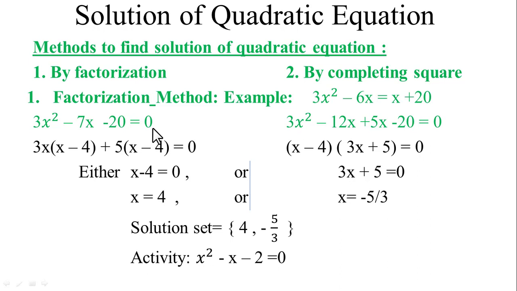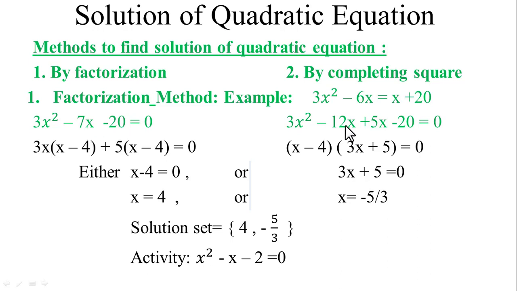Now we can factorize the terms. We multiply the first term with the last term: 3 multiplied by minus 20, the answer will be minus 60. Now we break minus 7 into two parts. When multiplied the answer will be minus 60 and when added the answer will be minus 7.